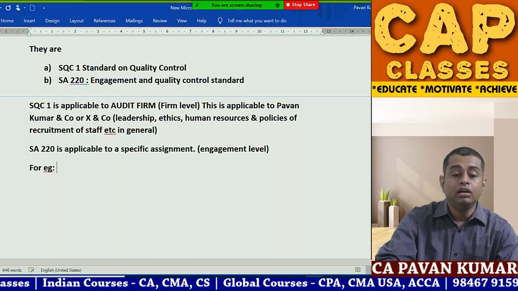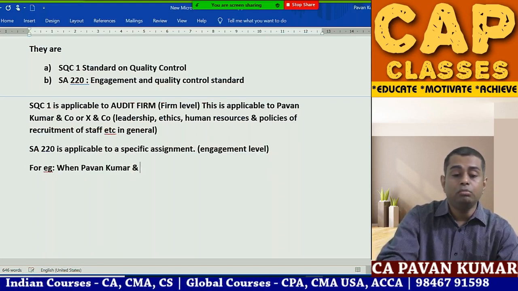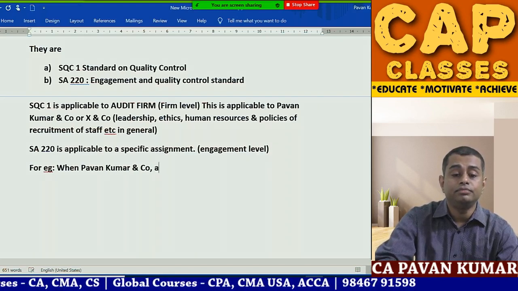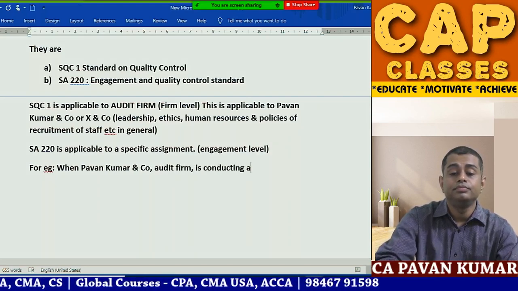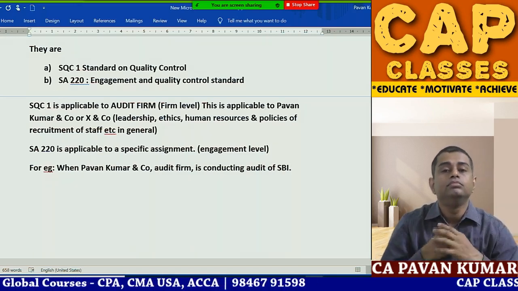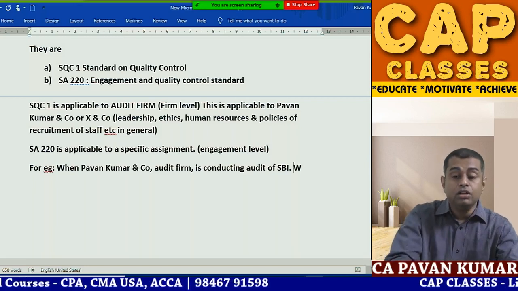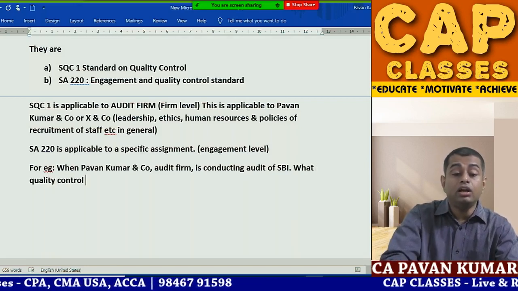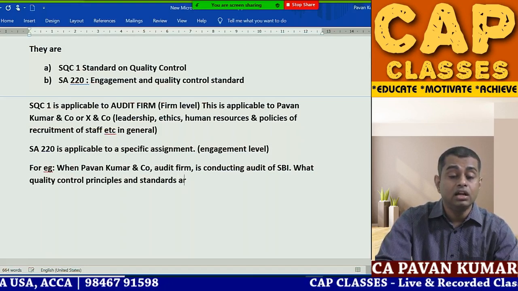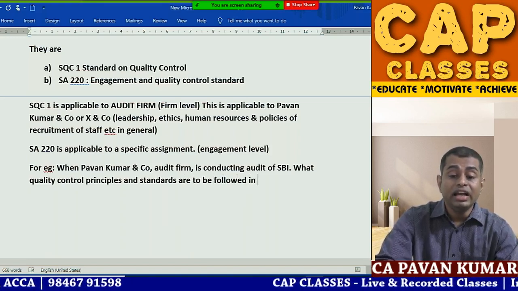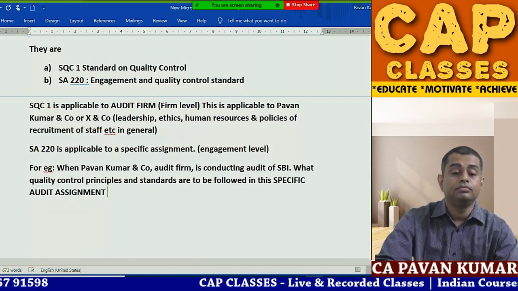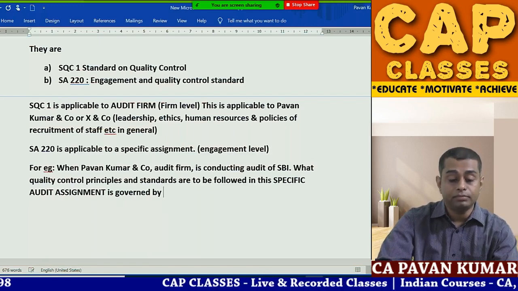For example, when Pavan Kumar and Company audit firm is conducting the audit of X Limited, or say, State Bank of India, the quality control principles and standards to be followed in this specific audit assignment are governed by 220.